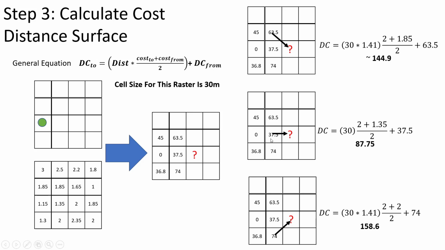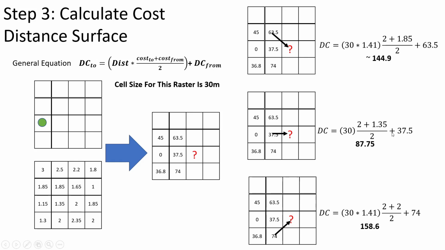What about just going right? Going right and then right again? Well, that would have a cost, right? Because we're going horizontally, our distance is still just regular 30. We don't have to apply that scaling factor. The to cost is the same, because we're ending up in the same cell. The from cost, now we're going to pull the from value from this cell, which is 1.35.